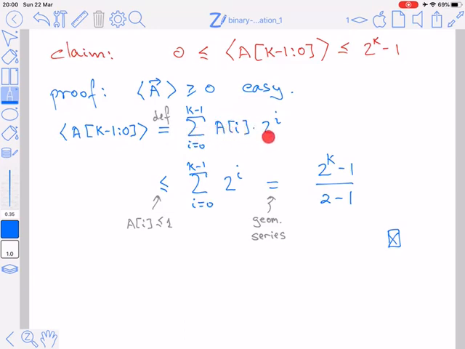Therefore, this summation is less than or equal to the same summation where I replace each a_i by 1. Now, what do I get when I look at this power series? This is a geometric series whose sum equals 2 to the k minus 1 divided by 2 minus 1, because the ratio of this geometric series is 2. Good. And this completes the proof.